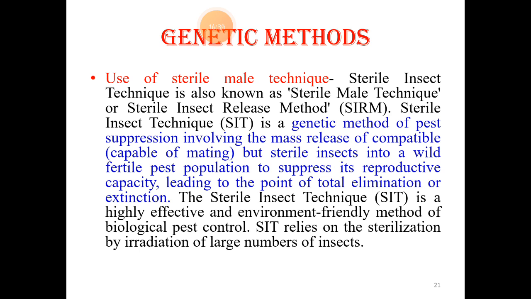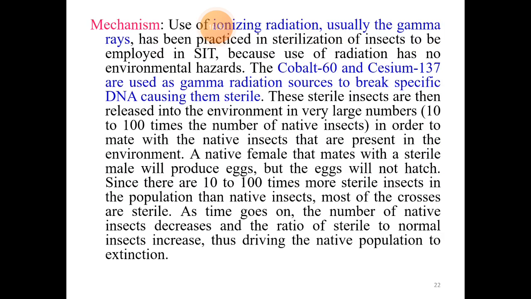Females act as vectors or carriers of diseases that cause the spread of the pathogens. Coming on to the mechanism of this SIT technique, it makes use of ionizing radiations like gamma rays to induce the breakage of DNA on the chromosomes.